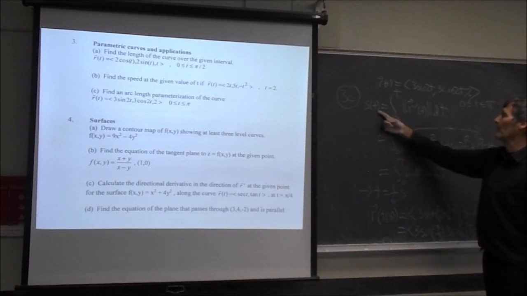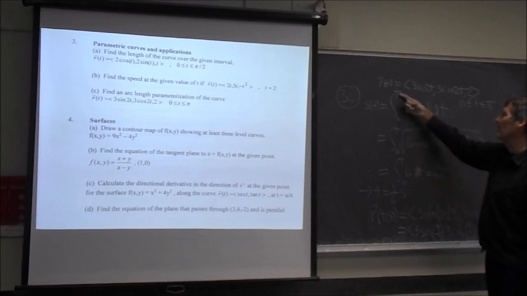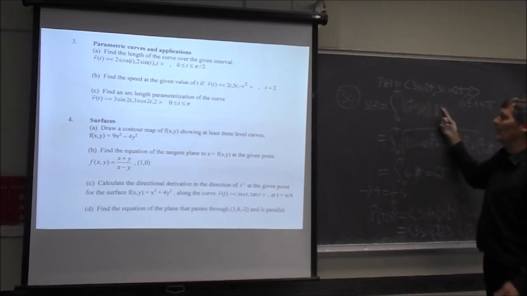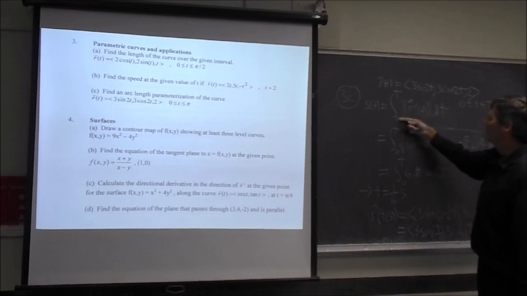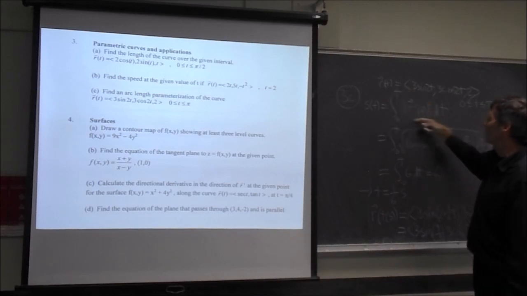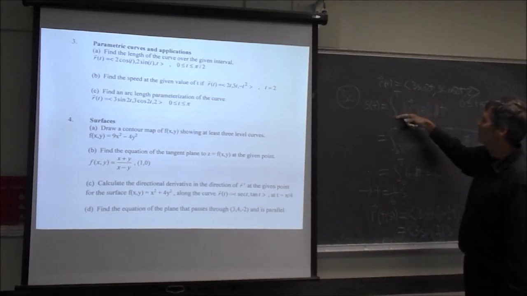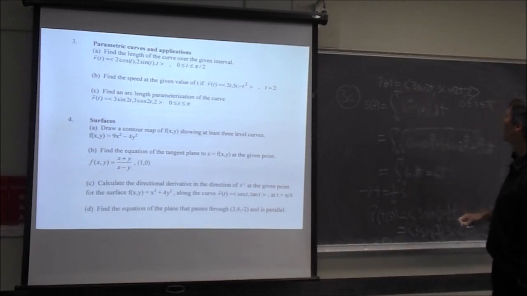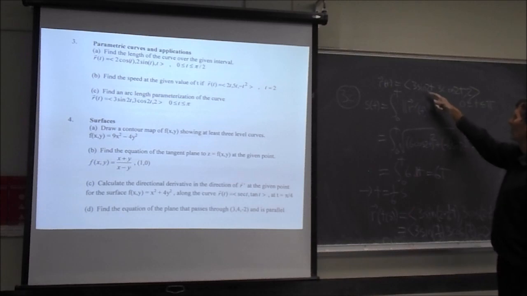Well, we compute the arc length, remember, by integrating from a to b the length of r prime of t dt. If we start the curve at 0, then the arc length from 0 to any value of parameter t is just the integral from 0 to t. Here's the arc length from the 0 position to the t position along the circle. Now, the length of r prime is the root sum squared of the derivatives.